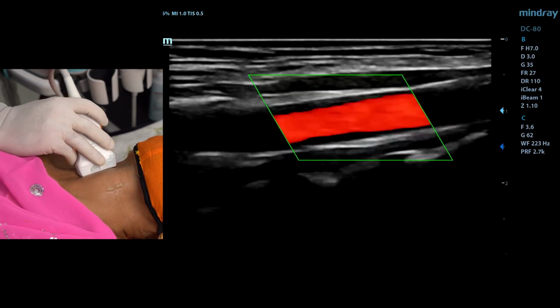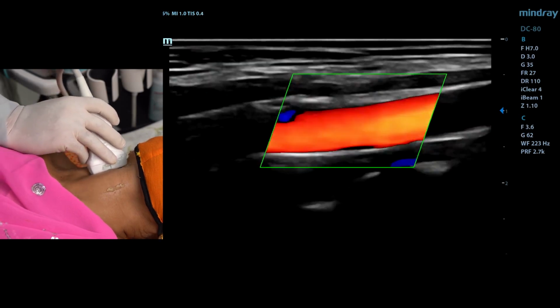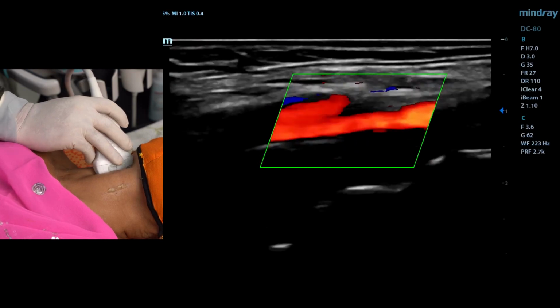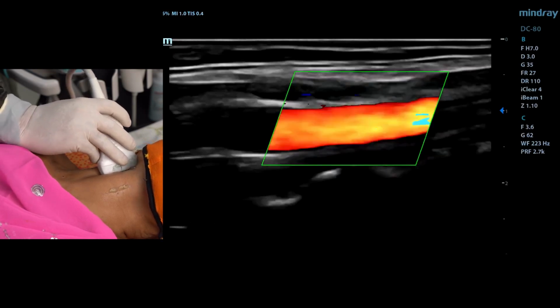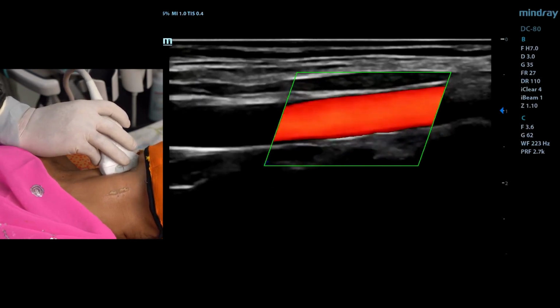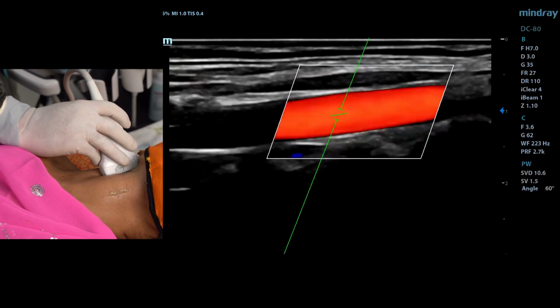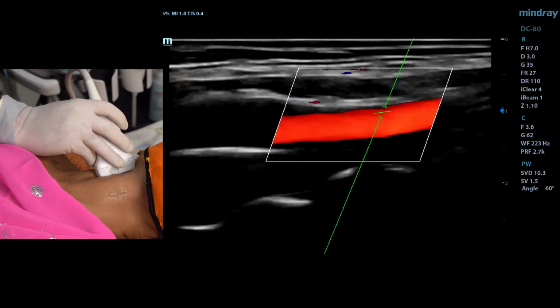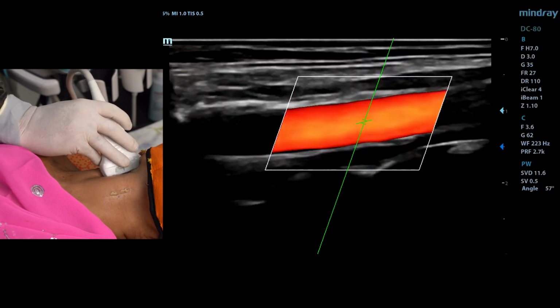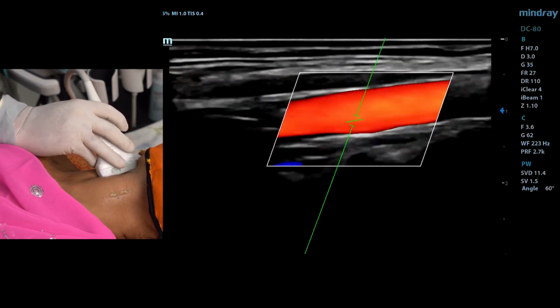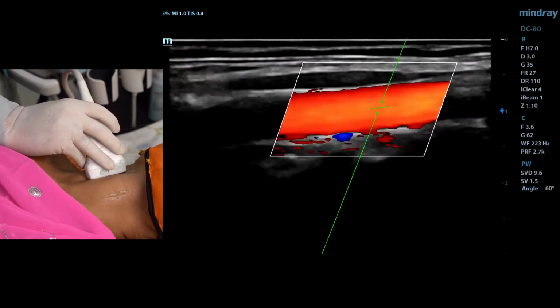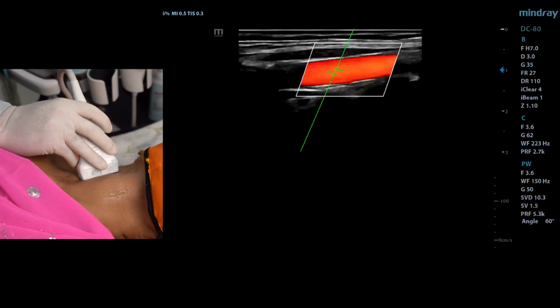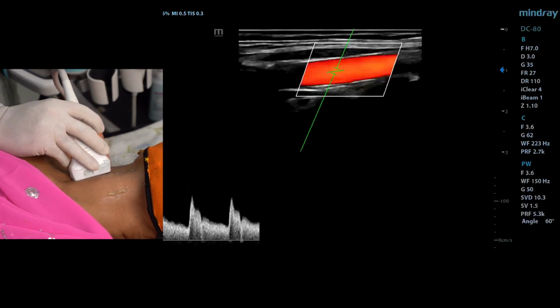Now if I just move the probe there, the machine automatically adjusts the box, it will automatically adjust the steer, and it will automatically adjust the gains. Even if I steer it manually, if I want to go back, it will automatically adjust the steer for you. So you just have to track the artery and the machine will do the rest for you.